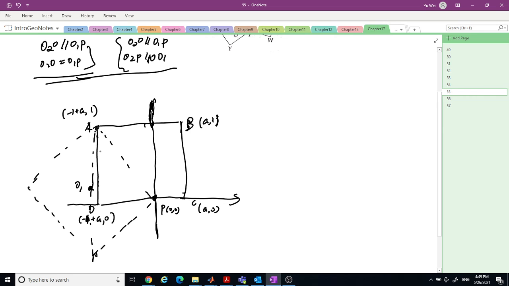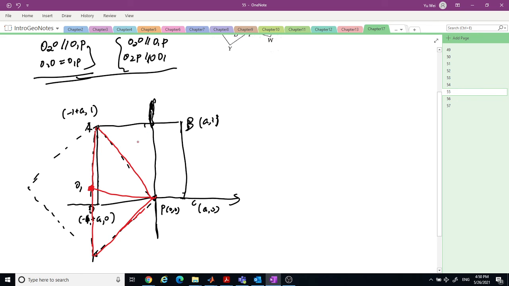So you can see this one is the 45, 45, 90. It's an isosceles right triangle, right? The O is the center, right? So now you know the center of the O, so the radius will be equal to the O1P, right?